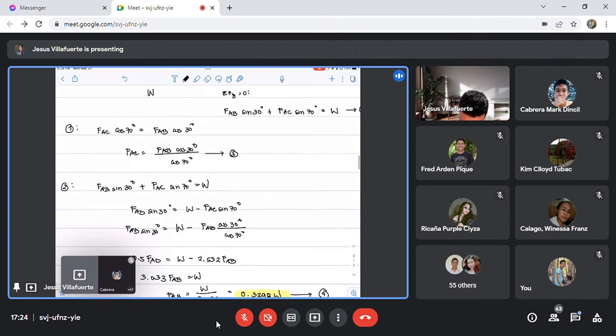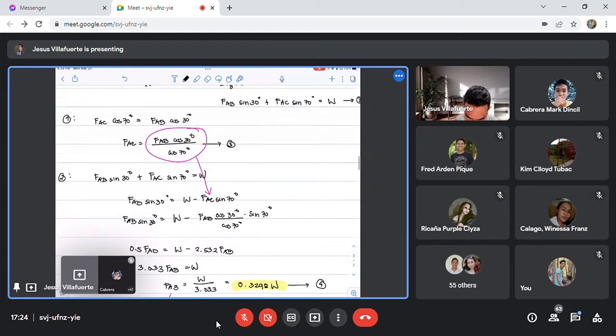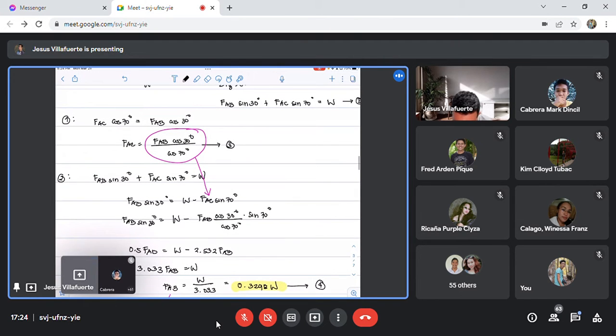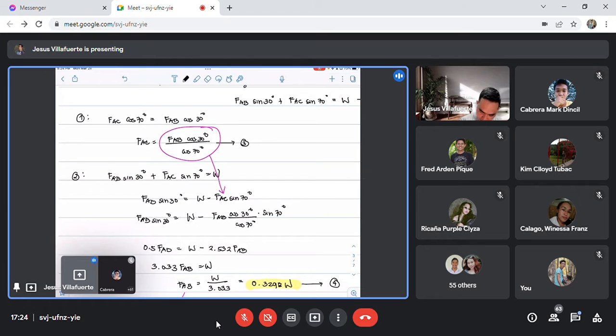Wait, for FAC, this should be this one. This should be FAC, so it should have been times sin 70 here. W minus FAC, FAB cos 30 over cos 70 times. Yeah, it was missing there.